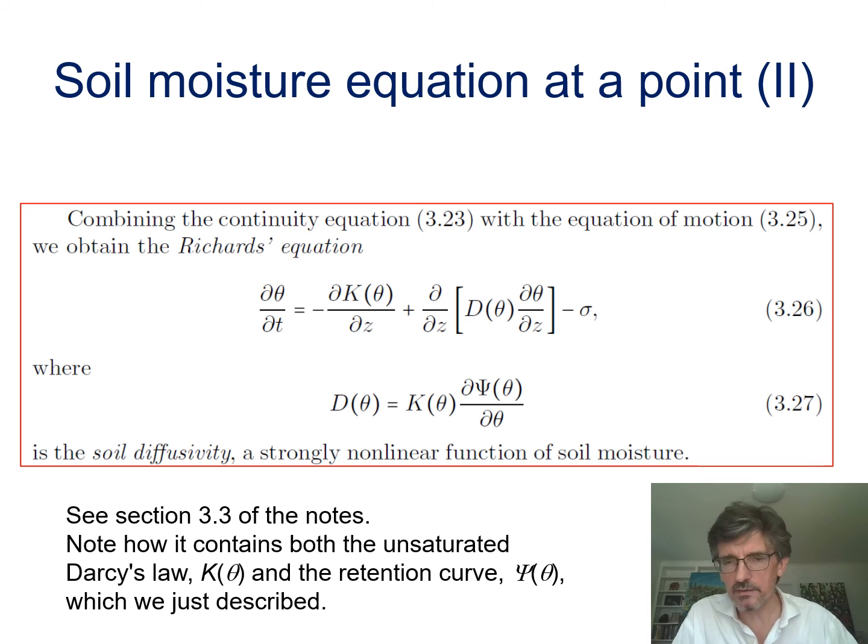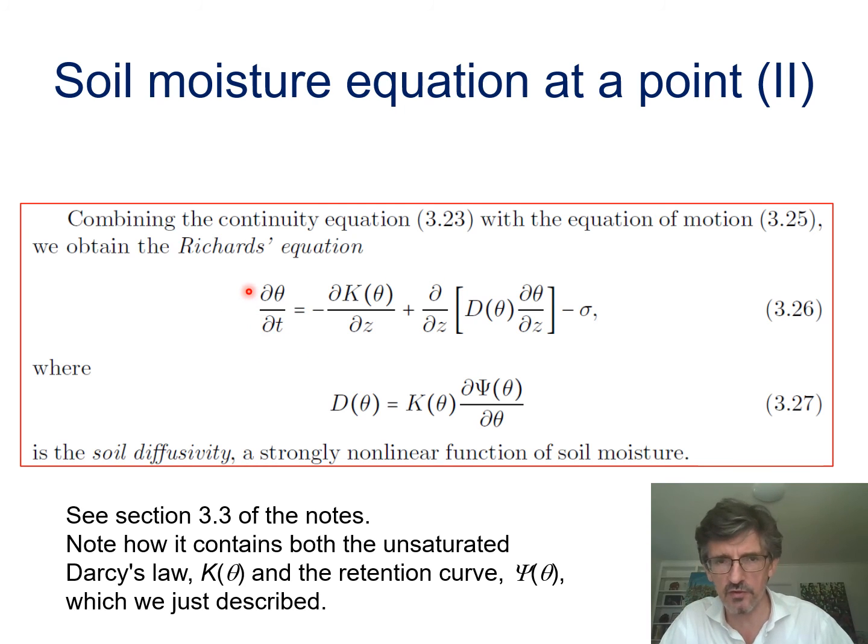If we combine the continuity equation that we just derived with the unsaturated hydraulic conductivity, the Buckingham extension of Darcy's equation, then it's not difficult to show that with that flux you get an equation in theta of this type, which is the famous Richards equation.